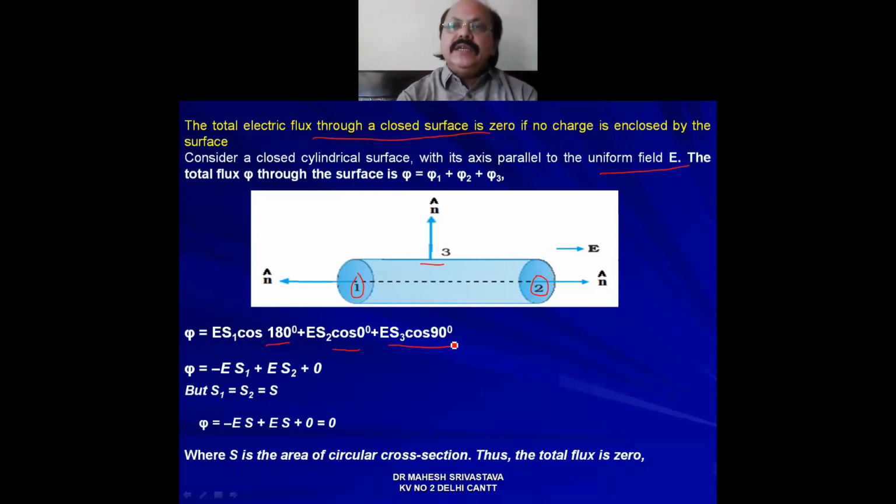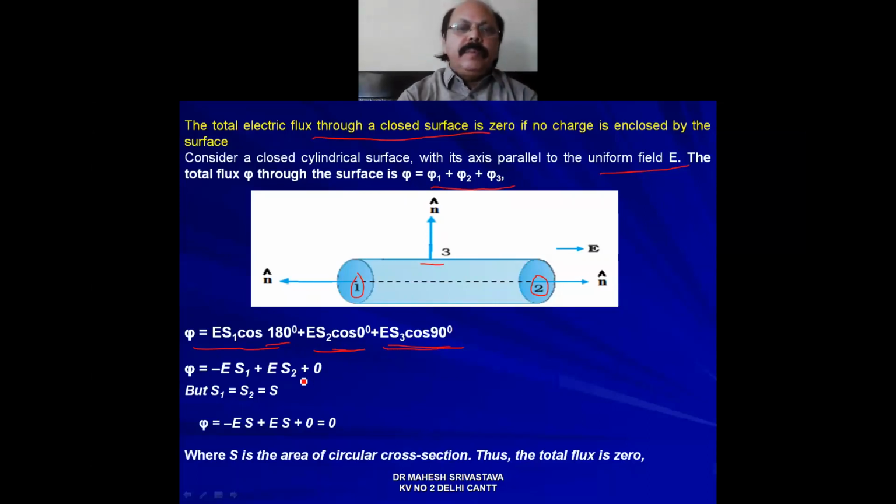So the total electric flux through the cylindrical surface becomes phi is equal to phi 1 plus phi 2 plus phi 3, that is the algebraic sum of electric flux. Then phi is equal to Es1 cos 180 degrees plus Es2 cos 0 degrees plus Es3 cos 90 degrees. Cos 180 is minus 1, cos 0 is 1, cos 90 is 0.